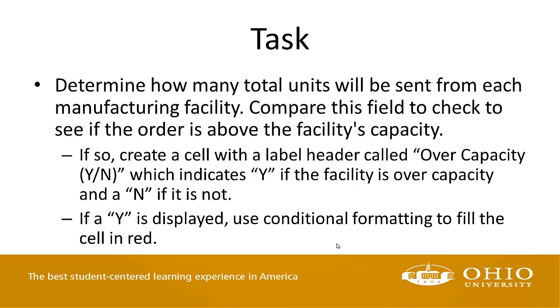The reason we want to do this is to check whether we have generated a schedule which is causing one of our plants to work overtime or go over capacity. If one of the plants is scheduled to go over capacity, we want some cell in the spreadsheet to indicate a yes, or Y, to suggest that it's over capacity. If it's not, we're simply going to put an N.